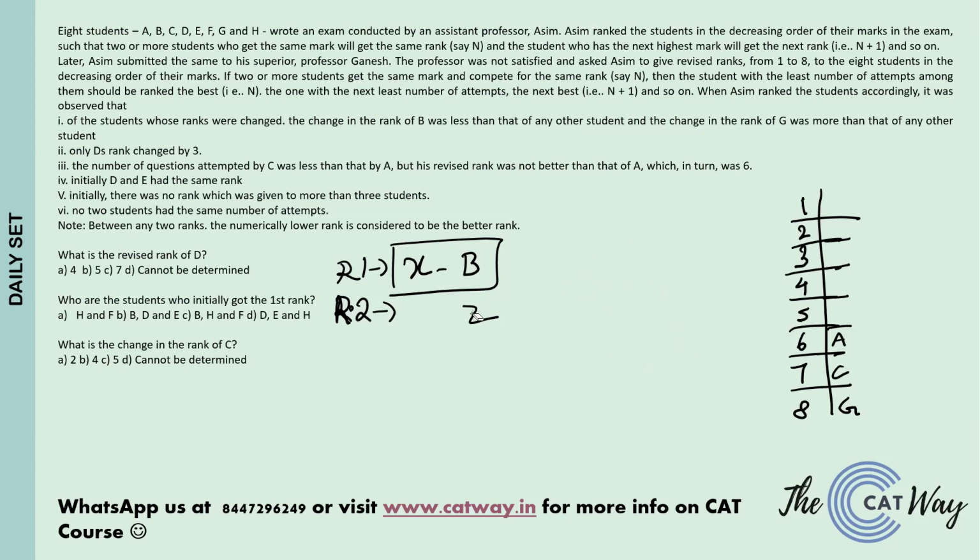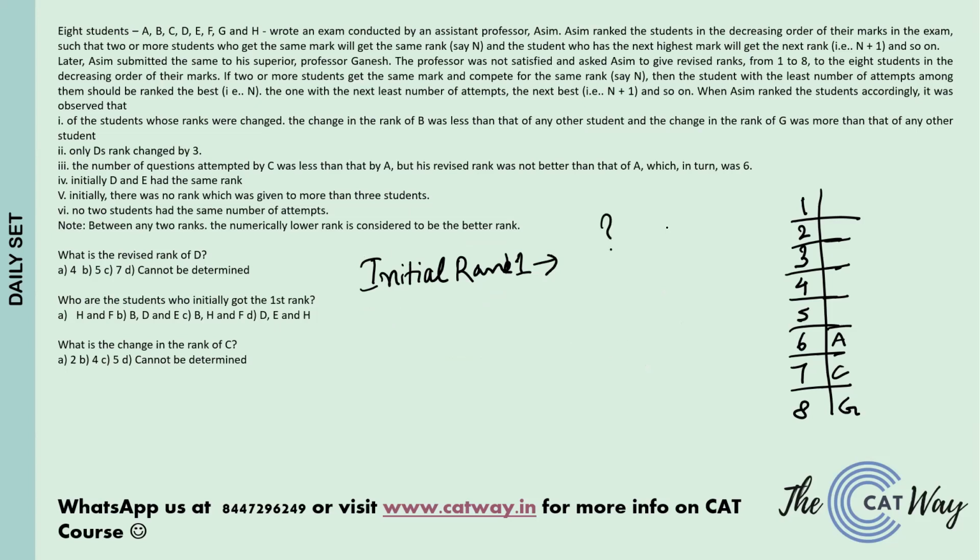That means that the total number of people in B's initial rank are 2. This initial rank was 1. There is some guy over here, take care. Then there is B.